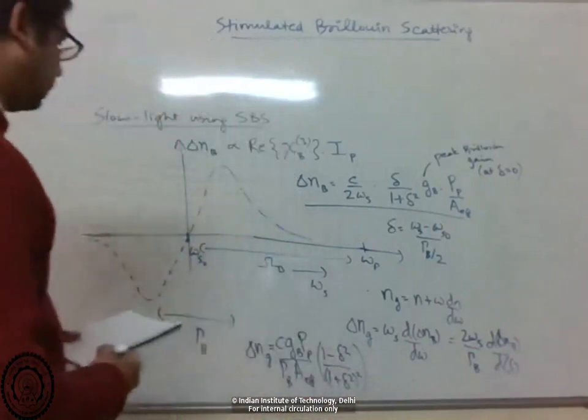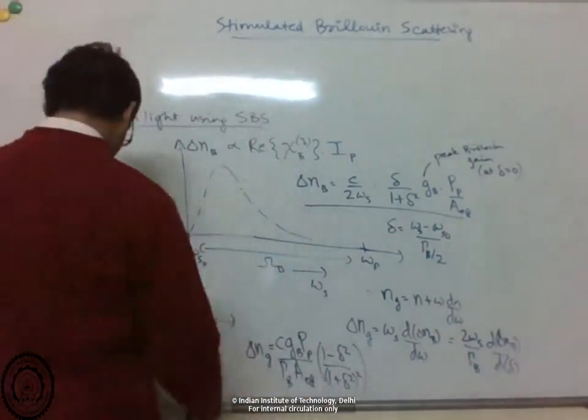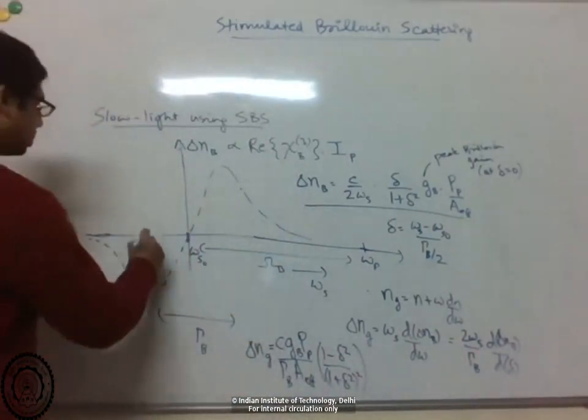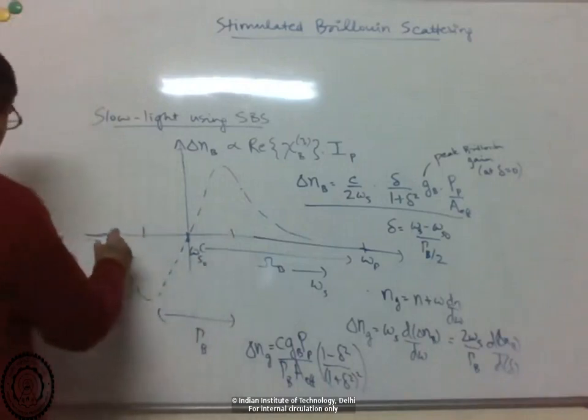Okay, you get that expression. So if you plot delta n_g, it looks like that.